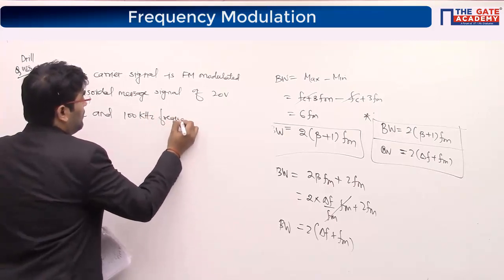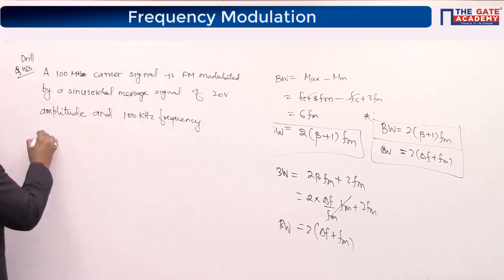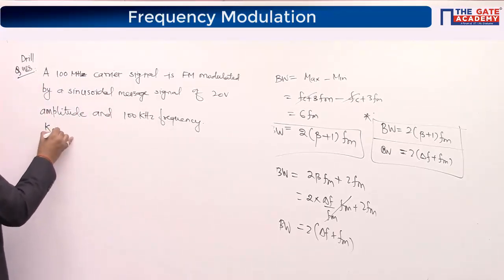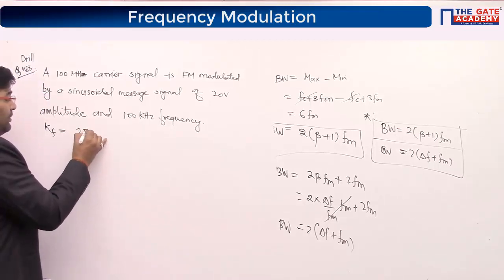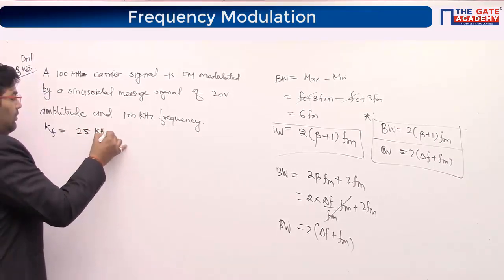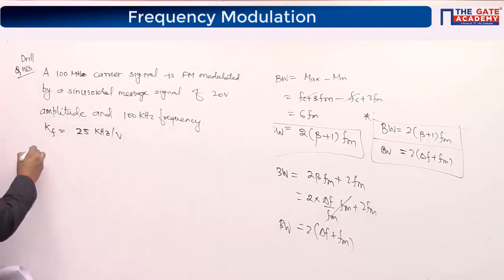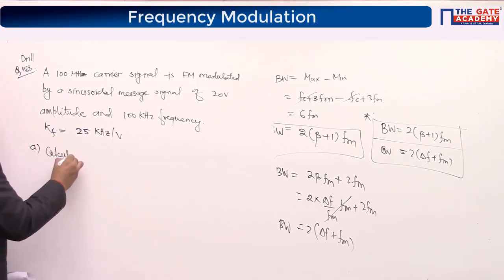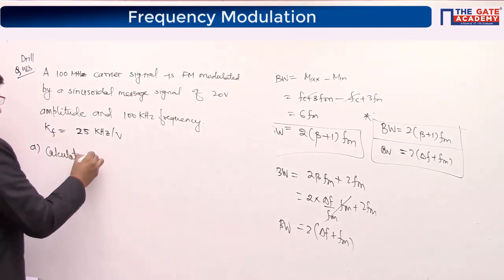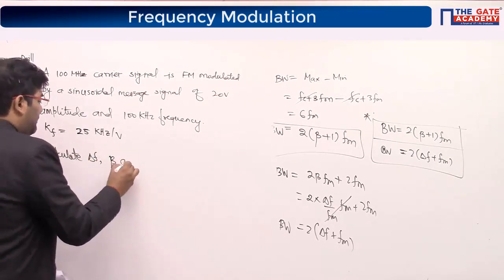Okay. Kf given is equal to 25 kilohertz per volt. Question, first part: calculate delta F, beta and bandwidth.